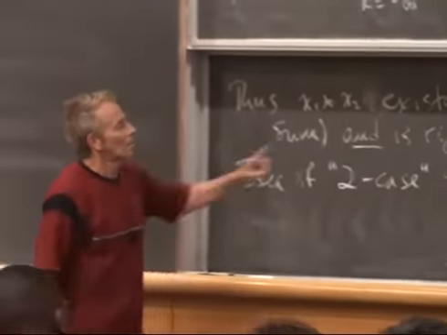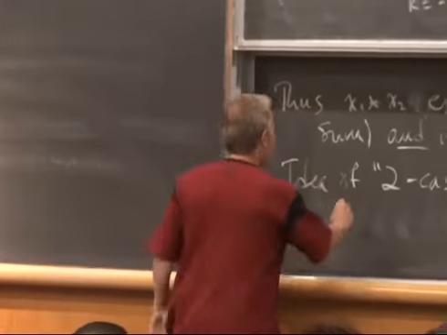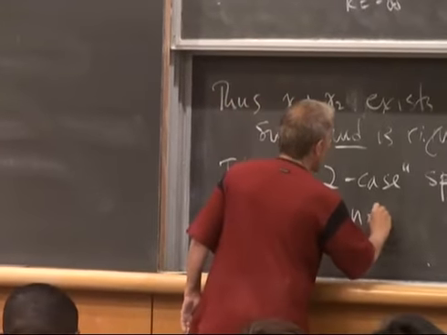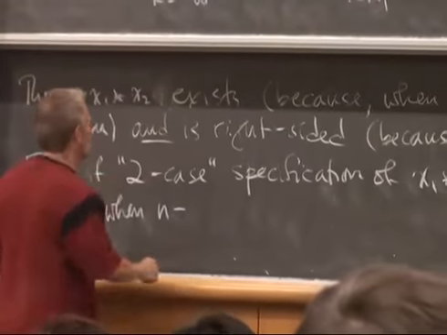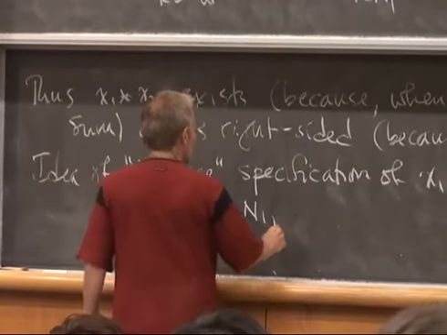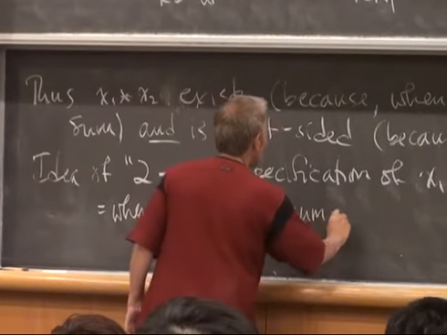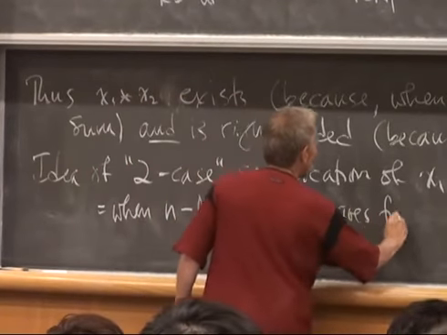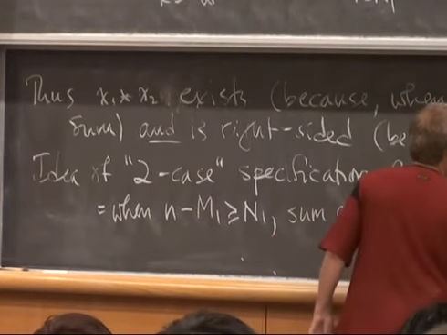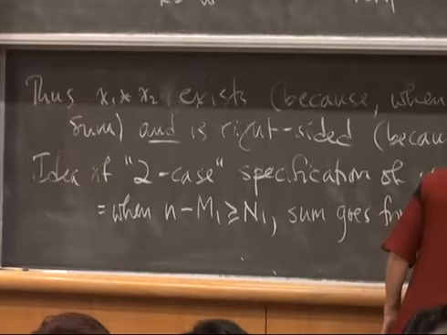First part is that when n minus m1 is bigger than n1, the sum goes from k equals n1 to k equals n minus m1.